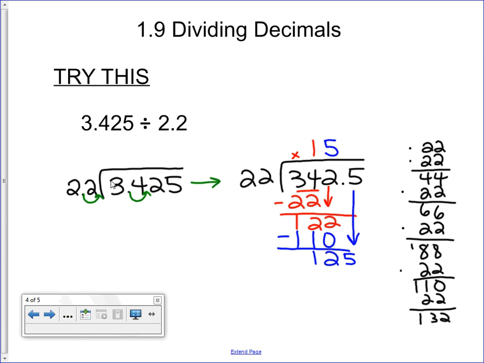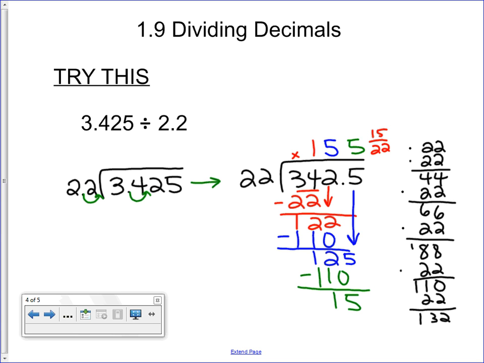If I look at my work over here, I know it's going to be 5 again. If I multiply 22 and 5, I get 110. I subtract to see what's left, and I get 15. There are no numbers left to bring down. So now I need to write my fraction, which is 15 over 22.